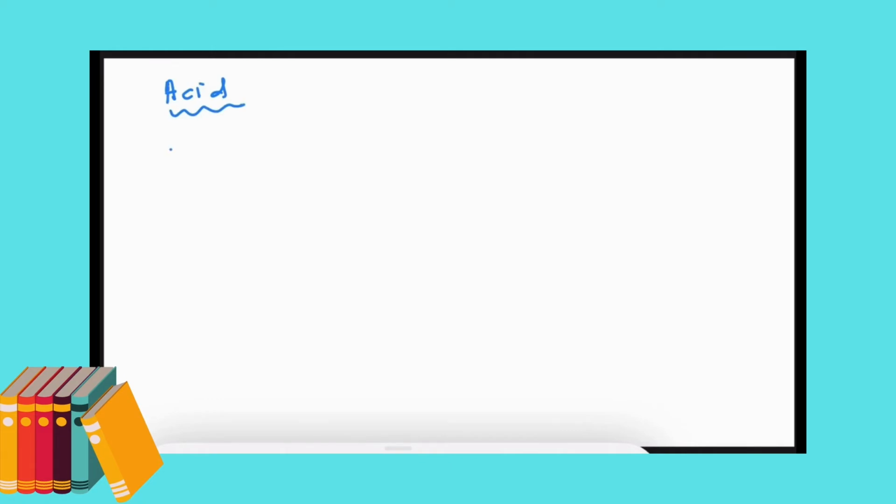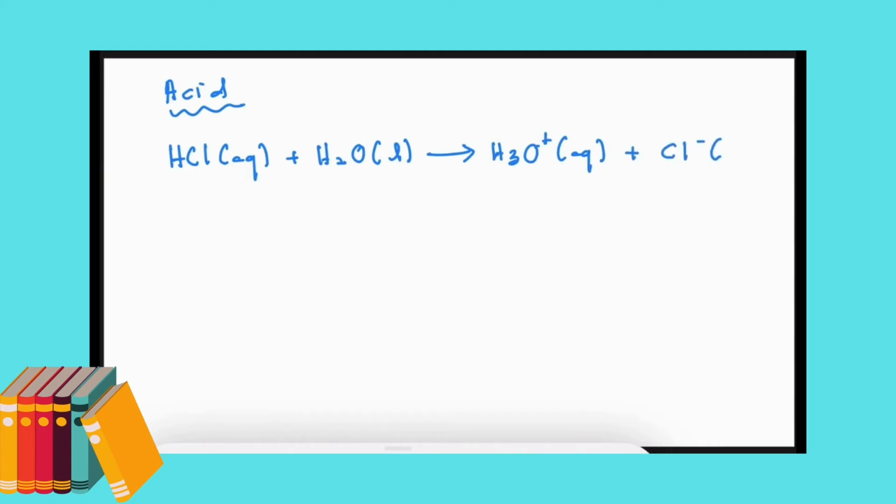For example, chloric acid, which is aqueous. It will show the properties of an acid when it undergoes reaction with water, or in the presence of water, and it will produce the hydronium ion and chloride ion.